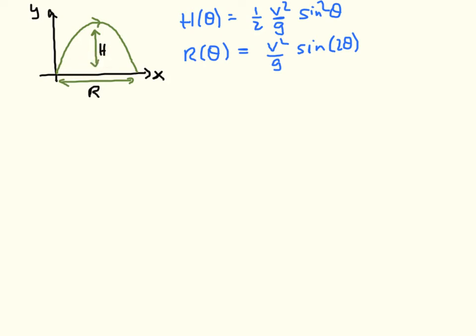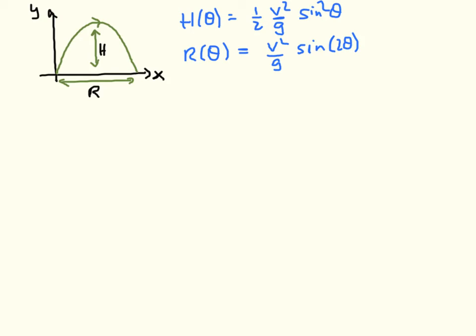So let's look first of all at the maximum height. If I fire it at an angle of 0, so I fire it horizontally, the height is going to be 0. If I fire it straight upwards, so theta is pi over 2 or 90 degrees, I'm going to get the maximum height I can get because all of the energy is dedicated to firing it upwards as high as it can go.